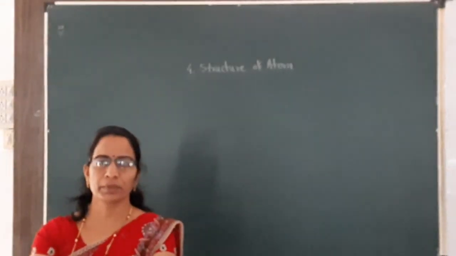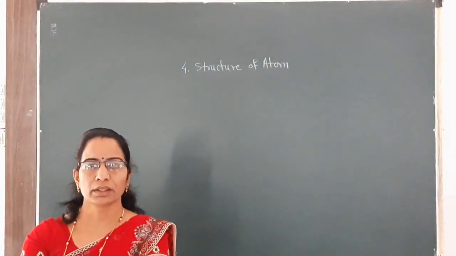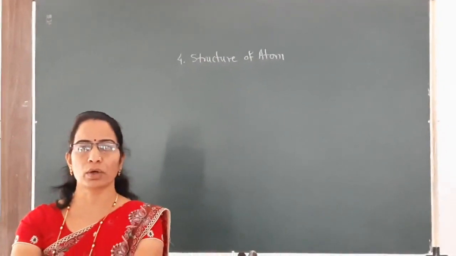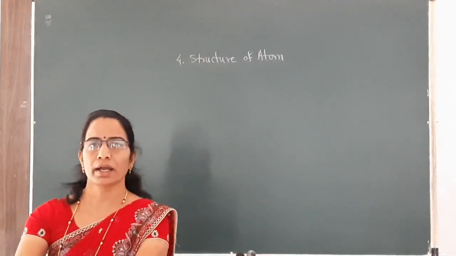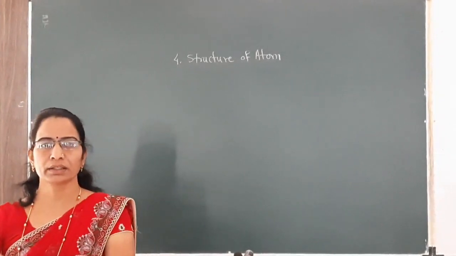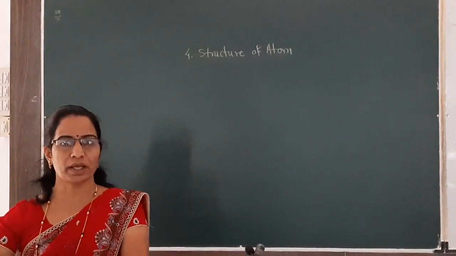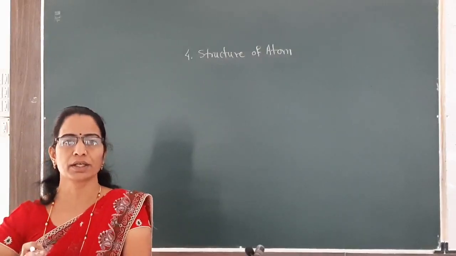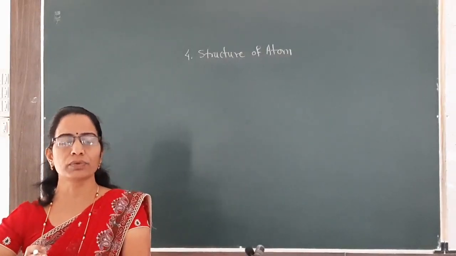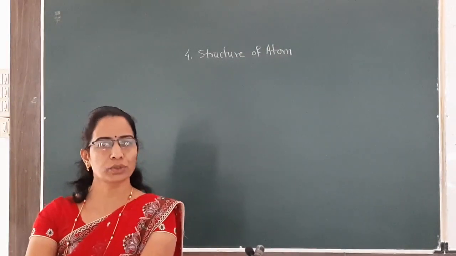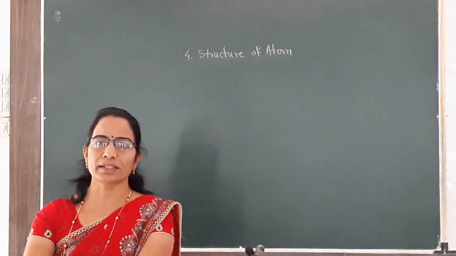Students, in the previous lecture we have seen the different types of orbitals, that is s orbital, p orbital, d orbital and so on. We have seen that actually these are not the orbitals but these are the subshells, and that subshells possess different kinds of orbitals. We have seen that s subshell has only one orbital, it is named as s.